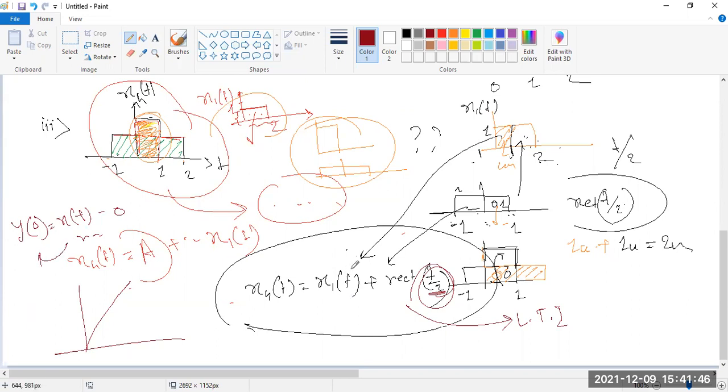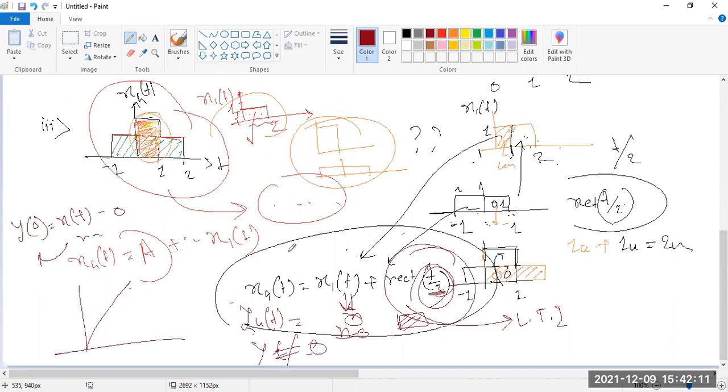But here, if x of t is 0, no x term is there, only the t by 2 term, so something still exists. So your y is not 0.